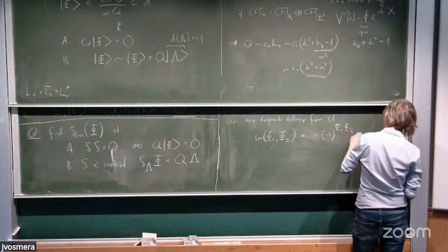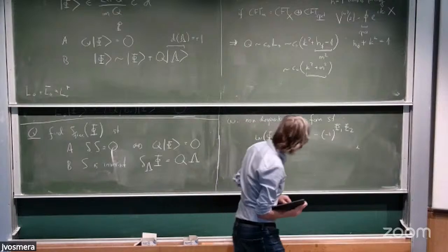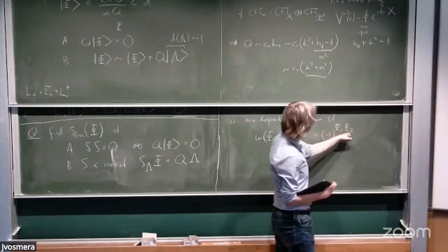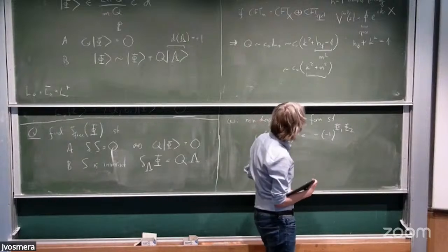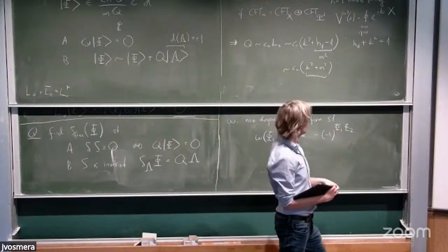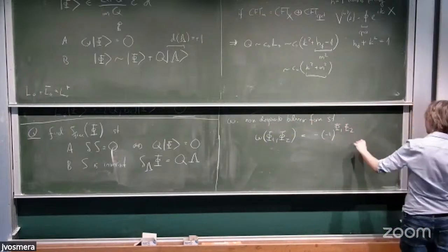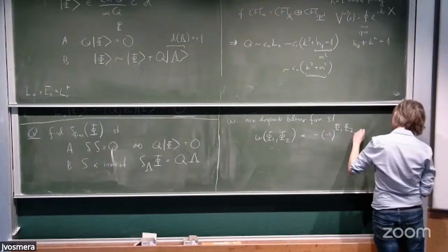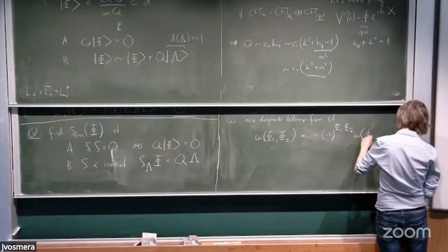So here I'm using this shorthand. If I write phi1 and phi2 in an exponent of a -1, what I really mean is the degree of phi1 and degree of phi2. Okay, so it's like d of phi1 times d of phi2. So this is the graded antisymmetry.